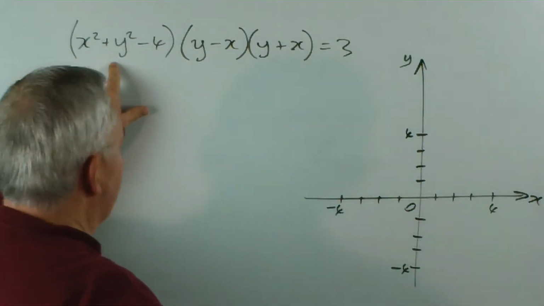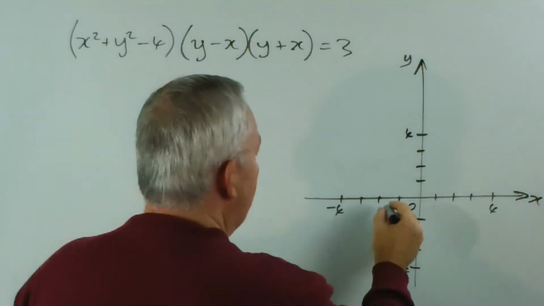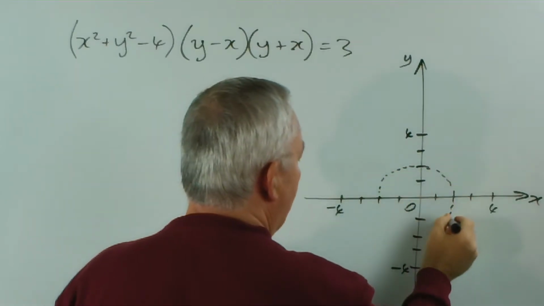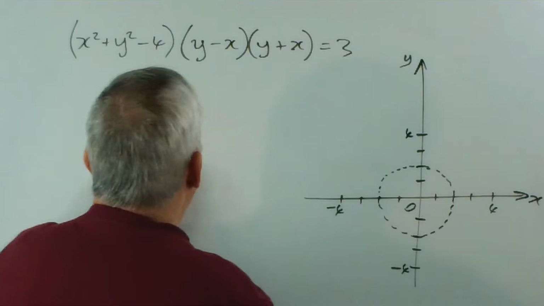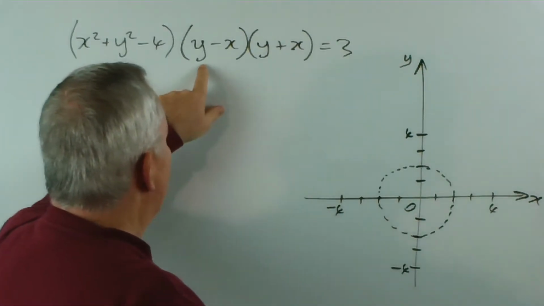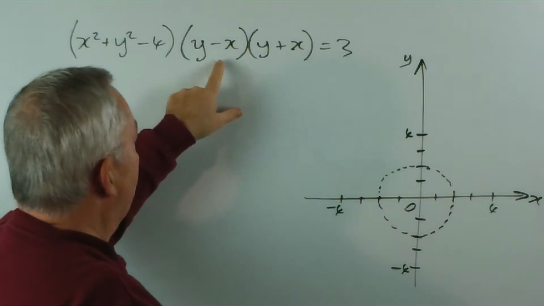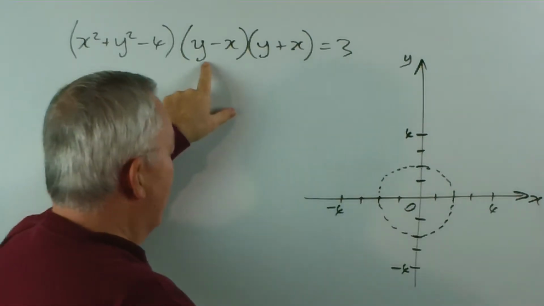And you might recall that when we graphed this in the last video, this gave us a circle with a radius of 2. This behaves like an asymptote, by the way. This gave us an actual asymptote where y equals x.